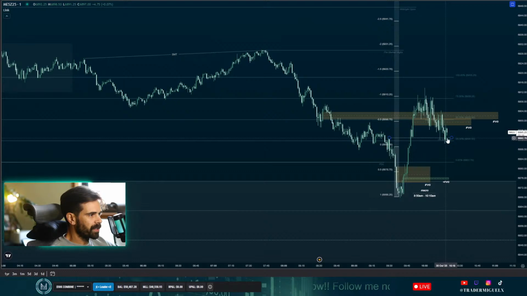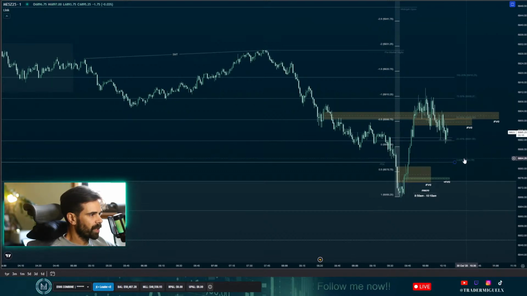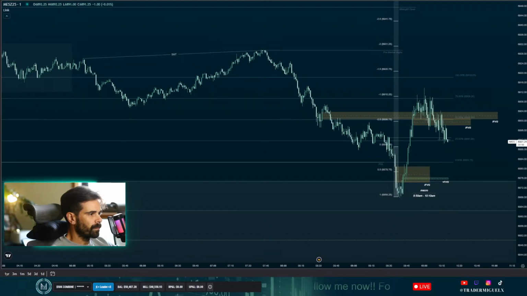But right now 930 is acting as support on price. Still holding here at 930.